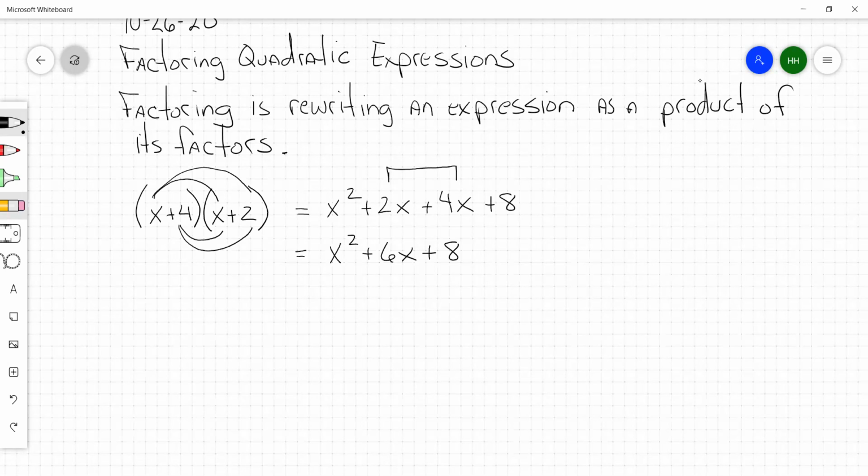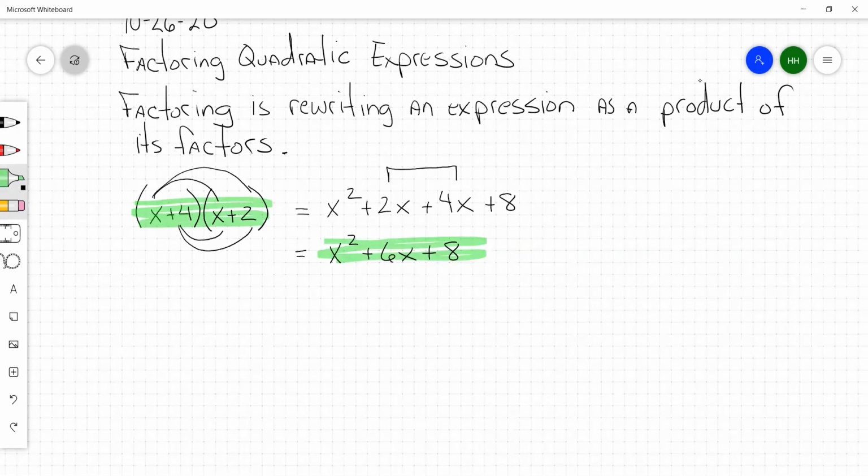Well, what you're going to be doing this week and starting today is you're going to be given this trinomial, and you're going to be asked to factor it and write it in this form. Okay?